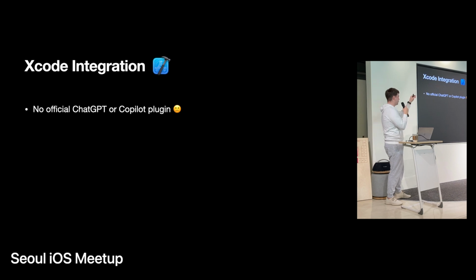He writes a bit of code in Xcode, saves it, puts focus on Visual Studio Code, and it suggests how to pre-fill the code. Then he uses Copilot in Visual Studio Code, saves it, and it updates back in Xcode. I mean, it can be done, but honestly, I've never tried it. I've just heard stories. If it works for you, then okay, but I would say not the best way.